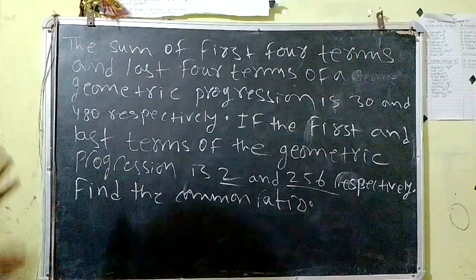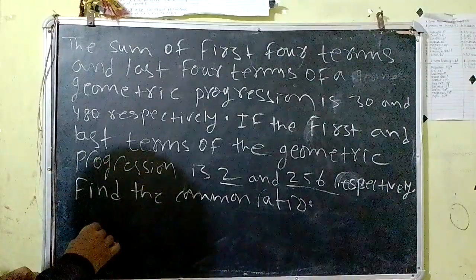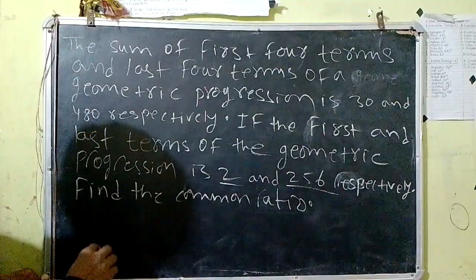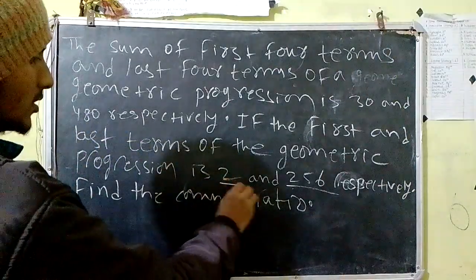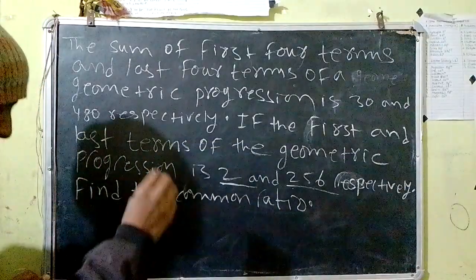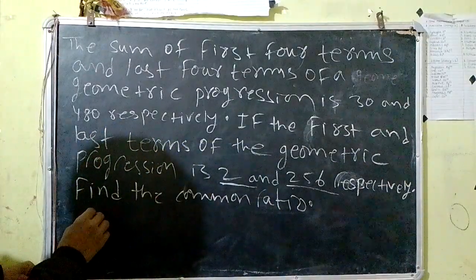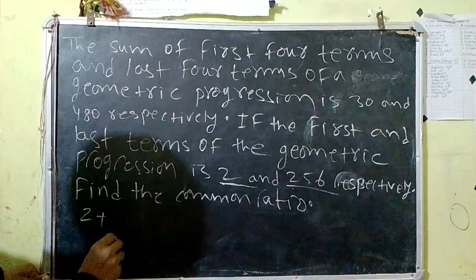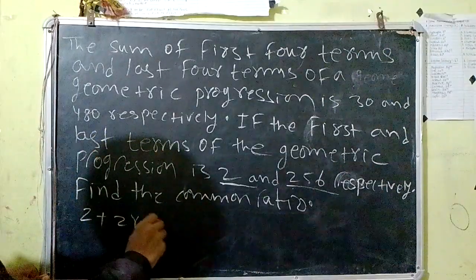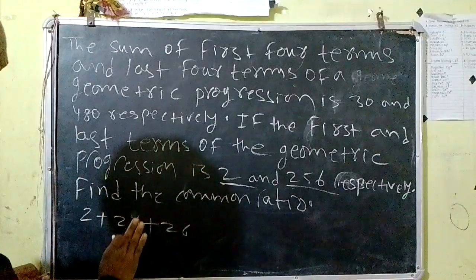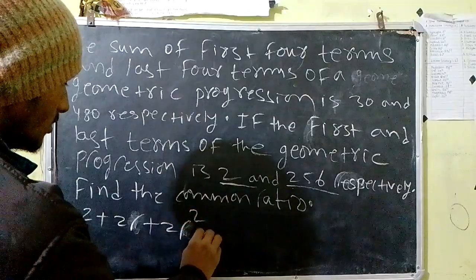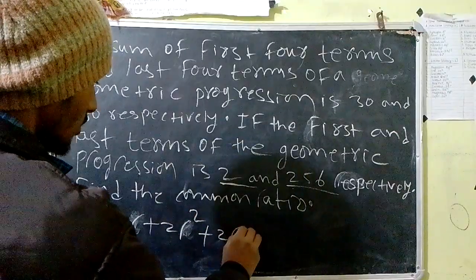So what is the information given here? The summation of the first 4 terms, and the first term of the geometric sequence is 2. So the first term is 2, the second term will be 2r, the third term will be 2r squared, and the fourth term will be 2r cubed.